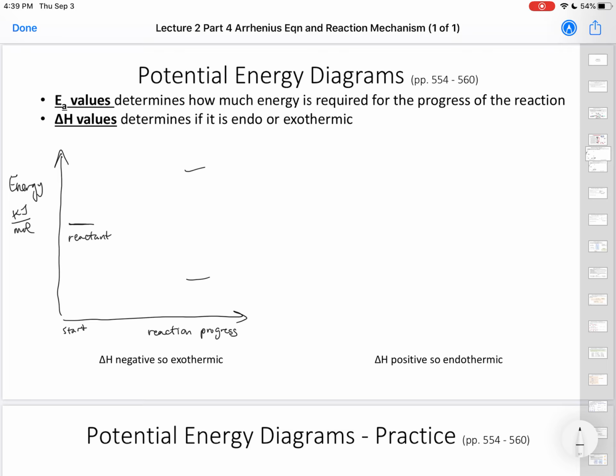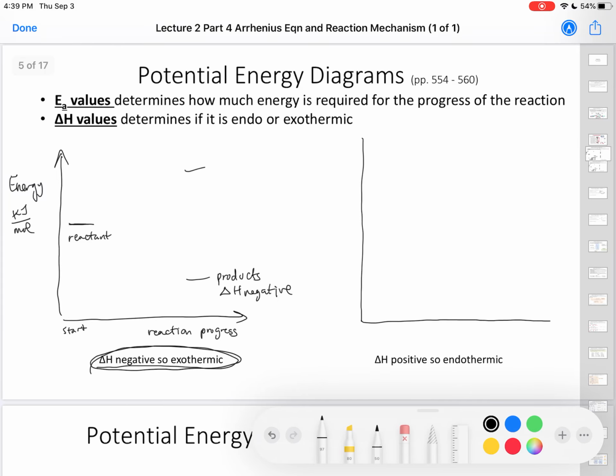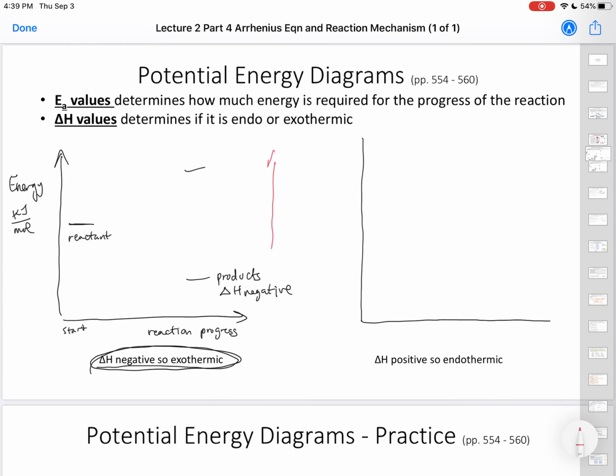How do we decide? We need to look at the delta H. If the delta H is negative, then the products should be down here. The reason is this: if you have a number line and this is always your 0, if you're going 1, 2, 3, you're going up.